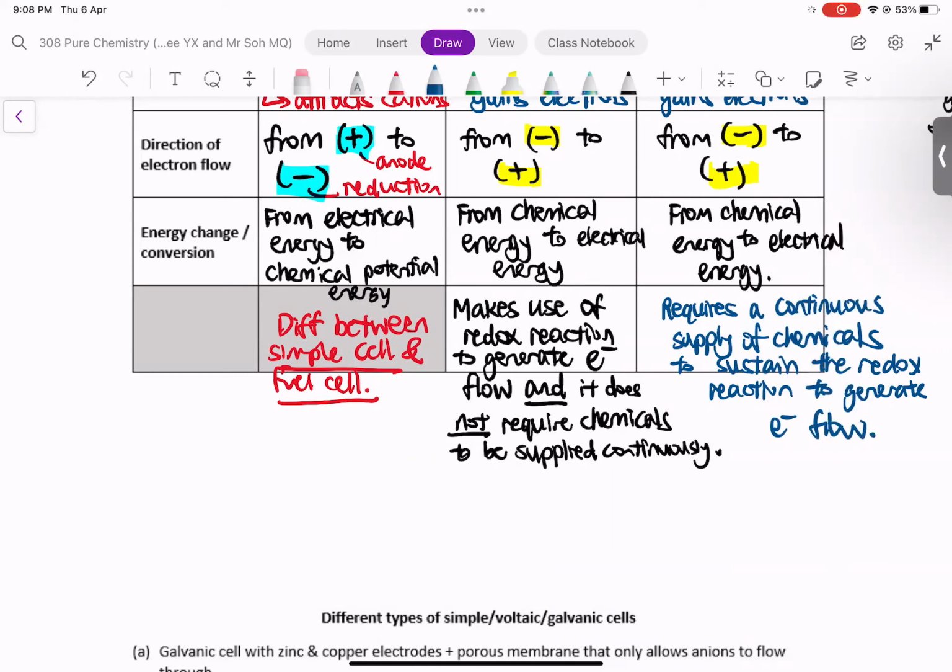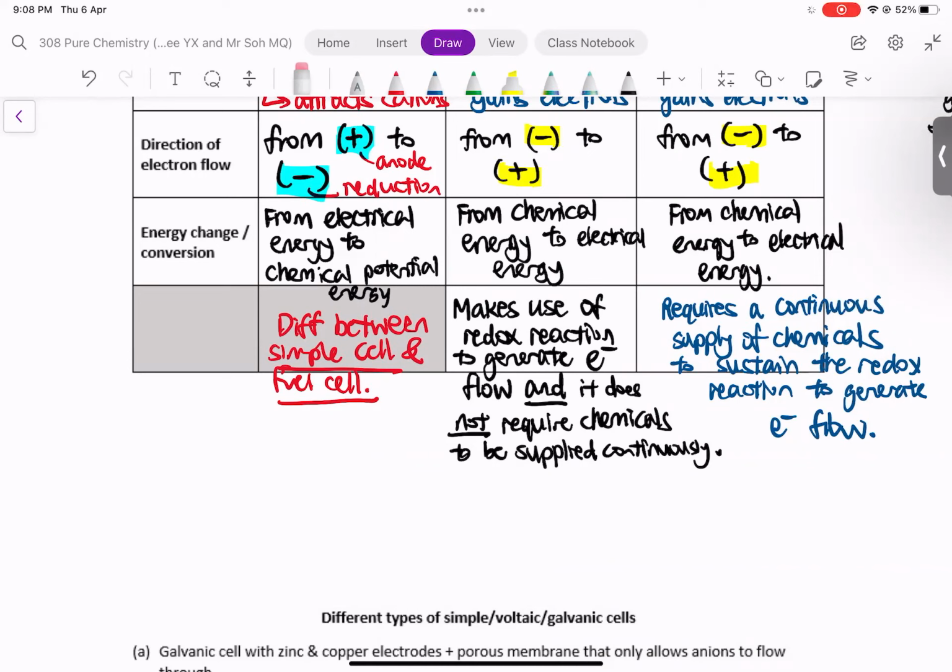This is the only difference between a fuel cell and a simple cell. A fuel cell requires a continuous supply of chemicals, means the chemicals must flow in, flow out, flow in, flow out in order to sustain the redox reaction.